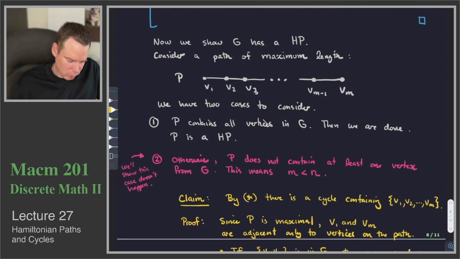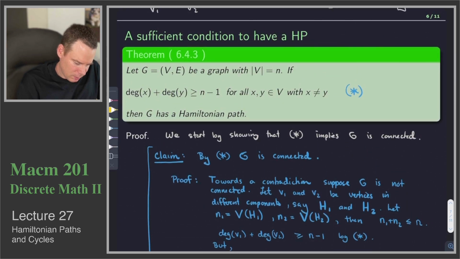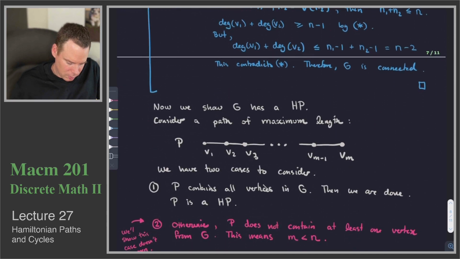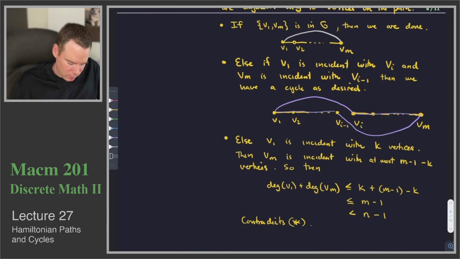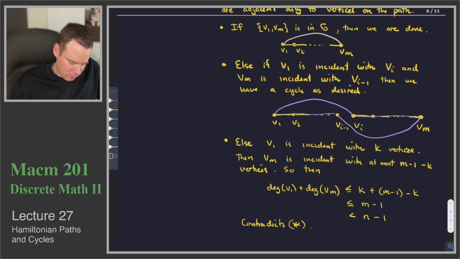Let's remember, if we scroll up, what is star? Star is the assumption we have. It says that the sum of the degrees has to be bigger than or equal to n minus 1 for all pairs of vertices. And here we've found two vertices for which the sum of the degrees is strictly less than n minus 1. So what does that mean?